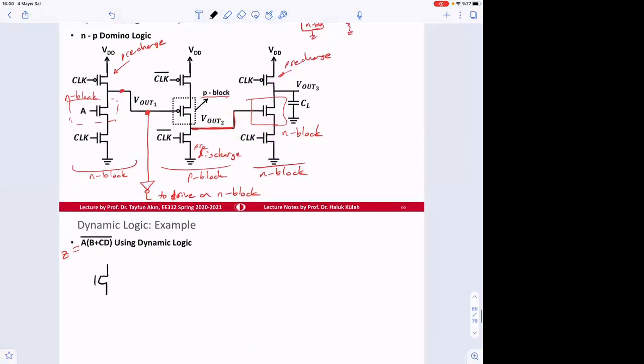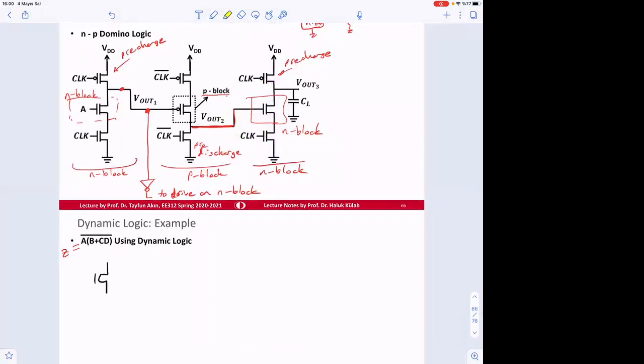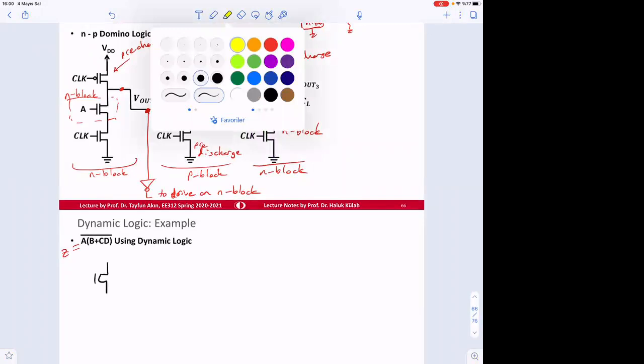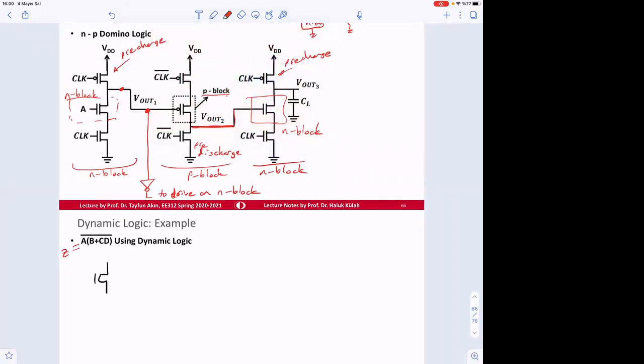Oh, by the way, in this one, you need to notice that here, clock bar is used. Okay, that's how it works properly. So when the clock is low, clock bar is going to be high, so it will be pre-charging this node.